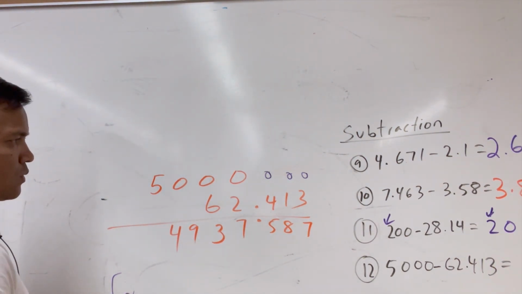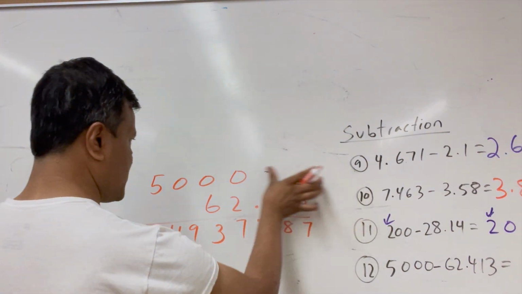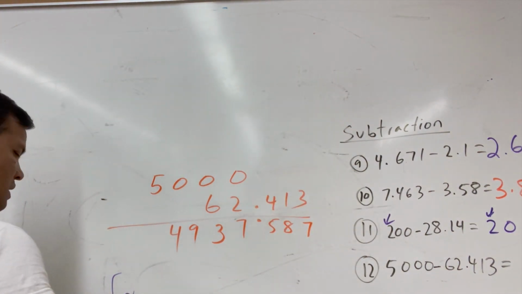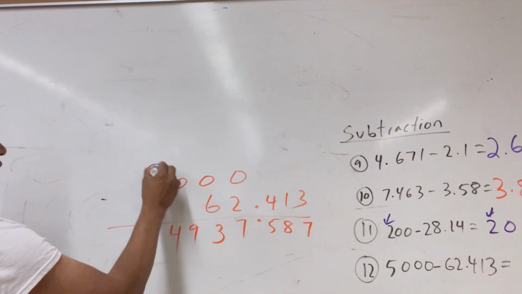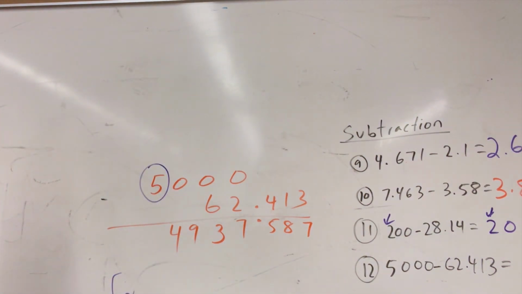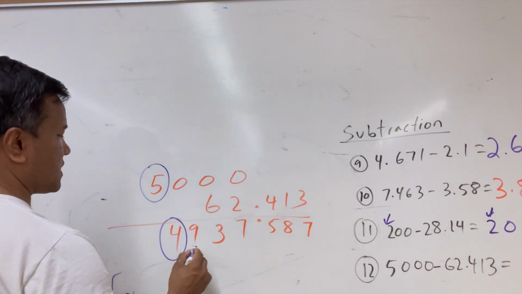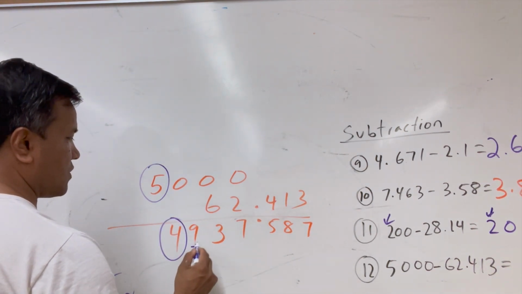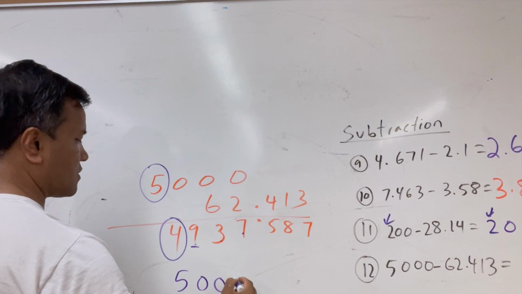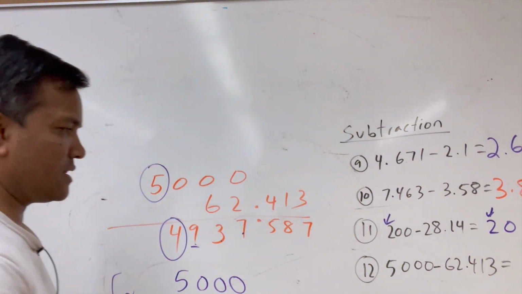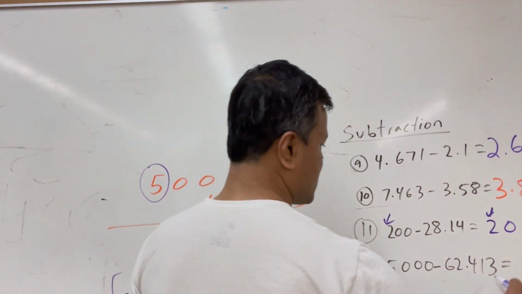All right, so remove this imaginary 0. We forgot to circle. This is the least precise one, and this is the last one, so you circle this one. So this is bigger, so you make 5, 1, 2, 3. All right, so again this is the same case. This minus this is 5,000.